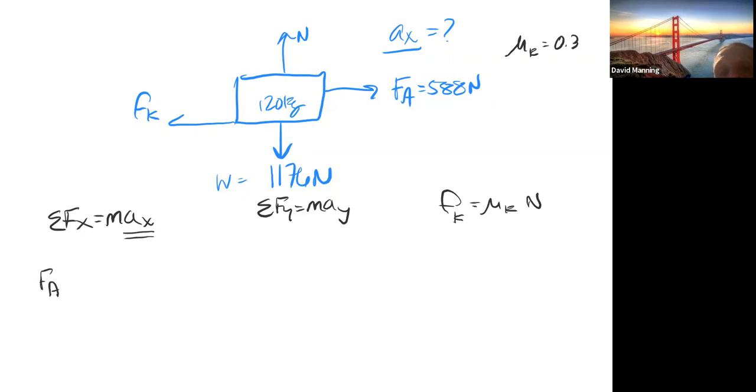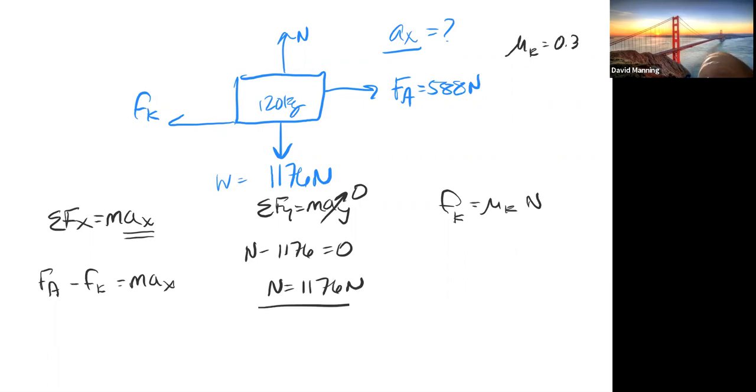FA minus Fk equals max. We don't know what Fk is, so we can't solve that yet. Let's go to the y equation. We know ay is 0. So we have n minus 1176 equals 0. N equals 1176 newtons, just like last time.